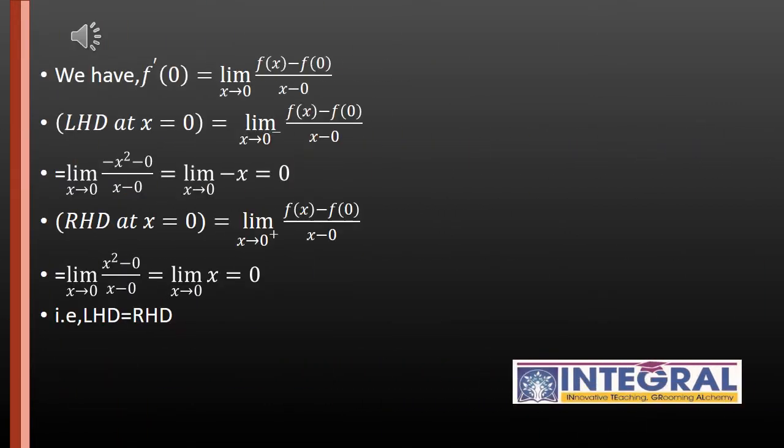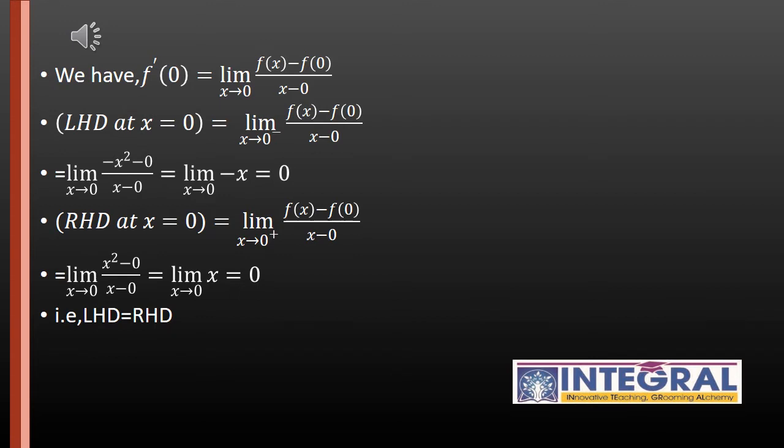Now we try to find the derivative at x equals 0. You have the basic definition: f dash of 0 equals limit x tending to 0 of f of x minus f of 0 by x minus 0. To get the limit, we have to find the left hand derivative at x equals 0, which is given by limit x tending to 0 minus of f of x minus f of 0 by x minus 0.